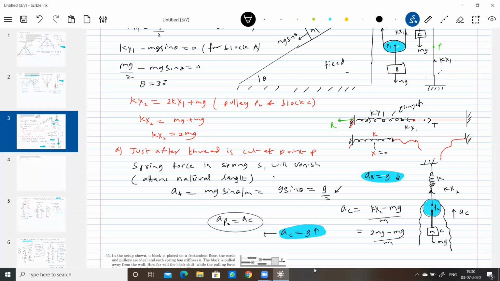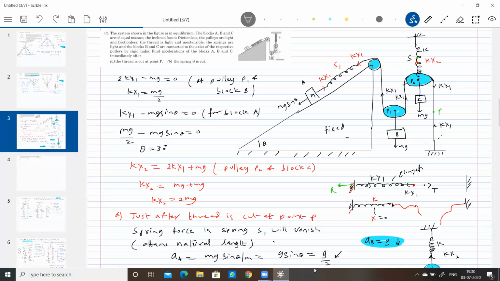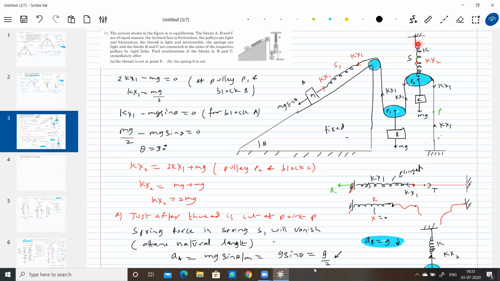Sir, but what about the spring S1? What about the normal reaction by the wall, sir, in that above diagram? Which one? This particular thing? Yes, sir. You cut the string and you drew a diagram down.